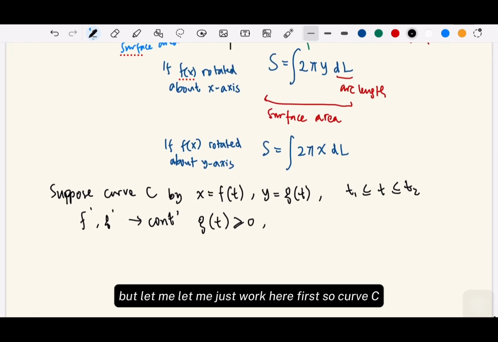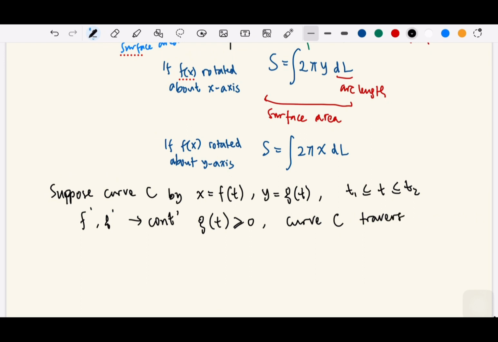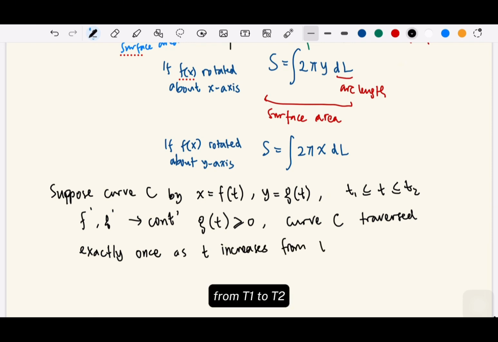Okay. So for curve C, we need to make sure that the curve C traverses exactly once as t increases from t1 to t2.